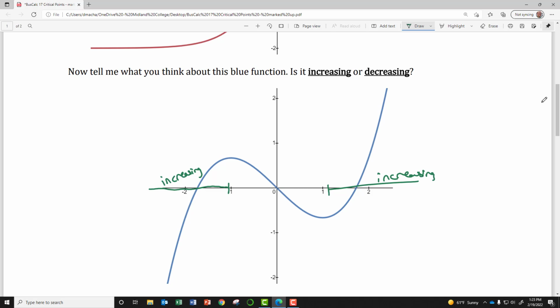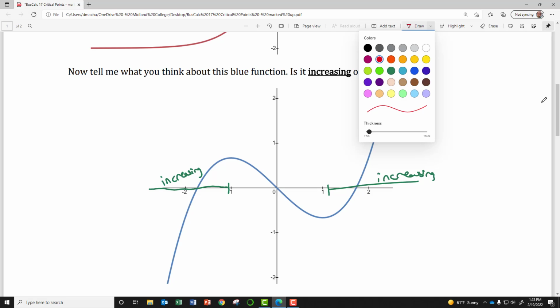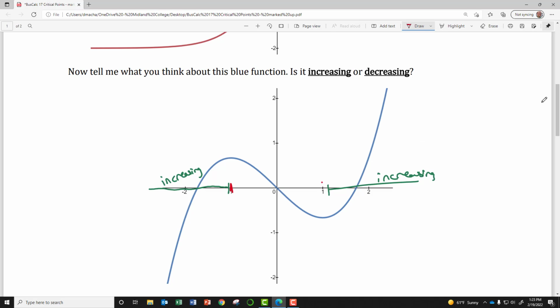And we also see an interval there sandwiched in between where this function is actually decreasing. So you can have functions that are both increasing in some places and decreasing in some places.